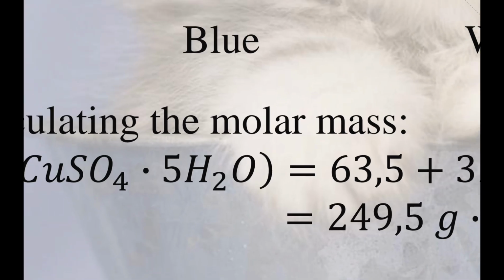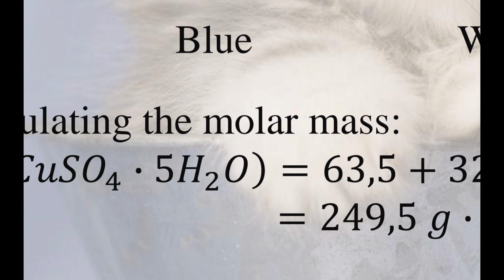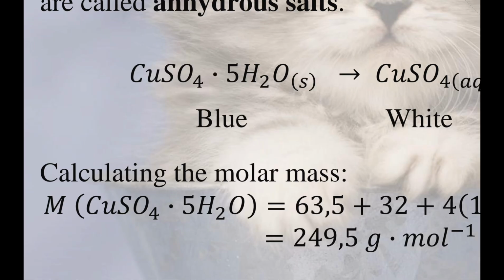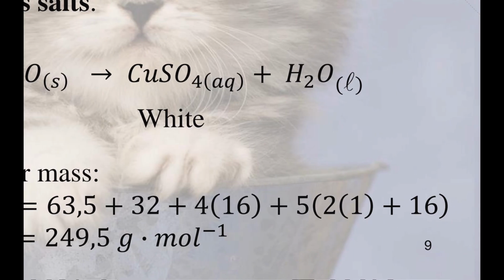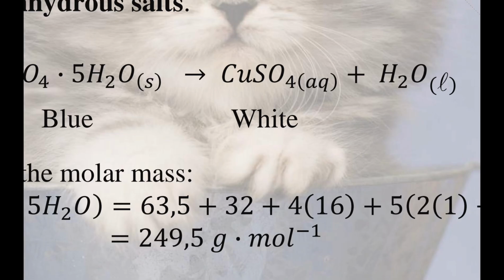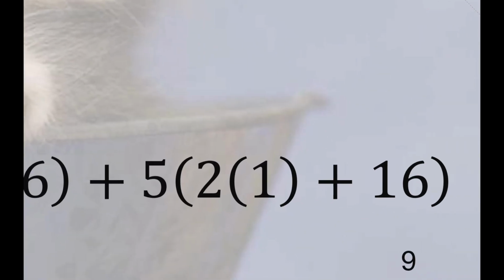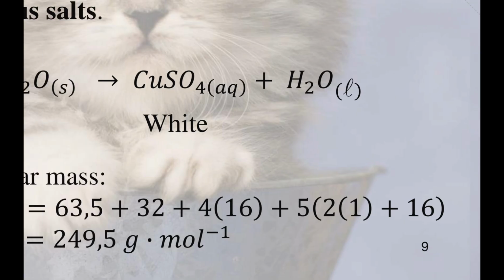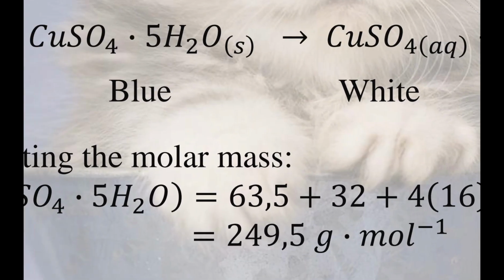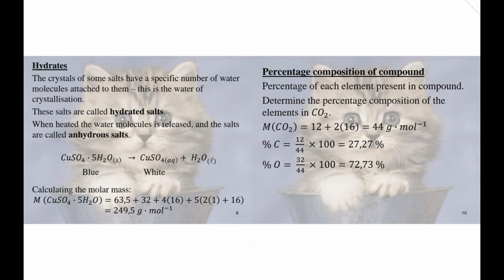You say 1 times 2, which is 2, times 5, and it will give you 10, and then 5 times 16. You must do it in brackets so that you get the molar mass, and the answer is going to be 249.5 gram per mole.